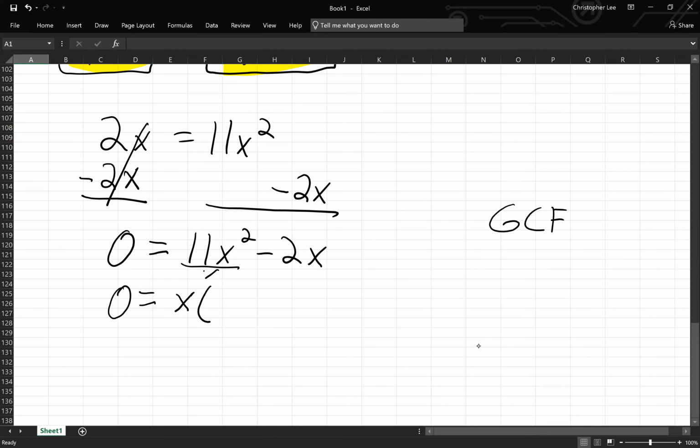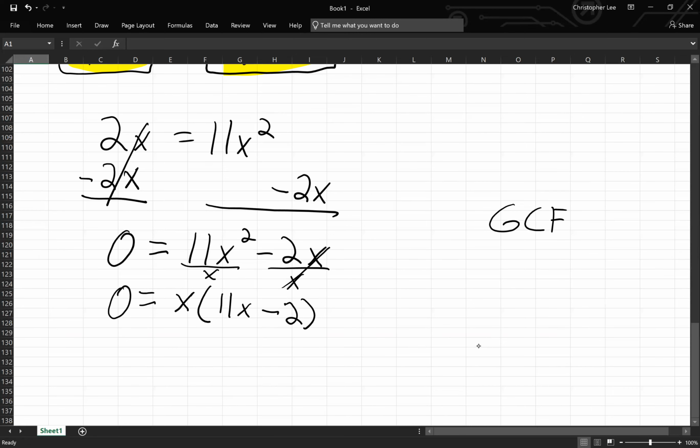Remember, it's like you're dividing by x. What's left over? 11x minus 2, because x and x cancels out.